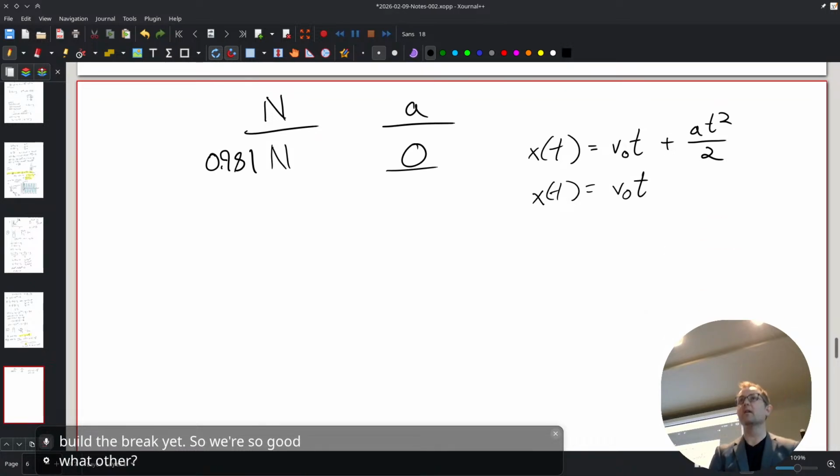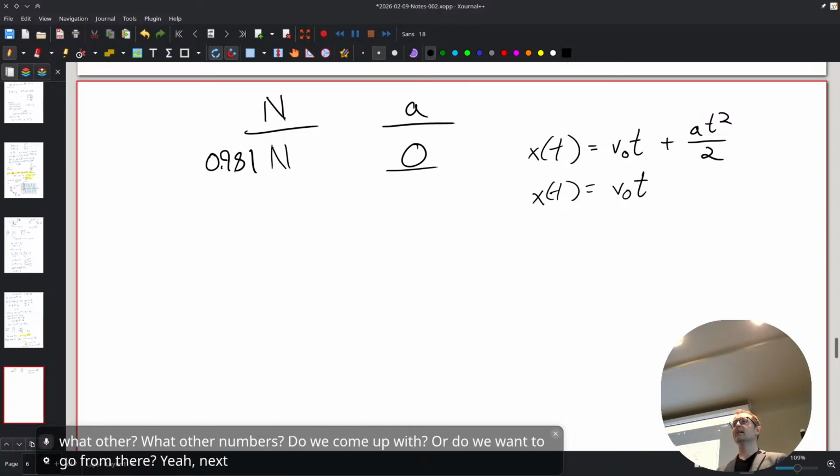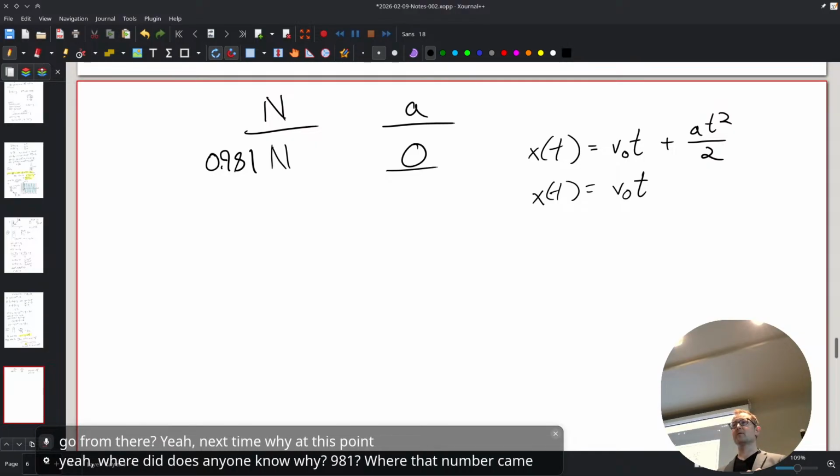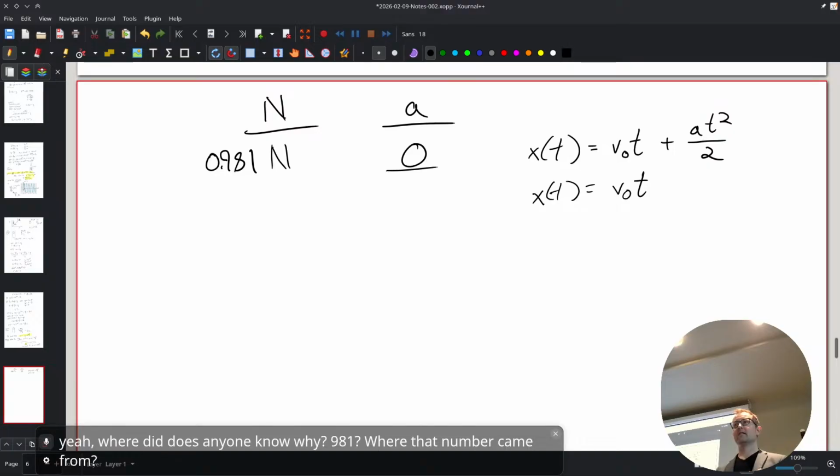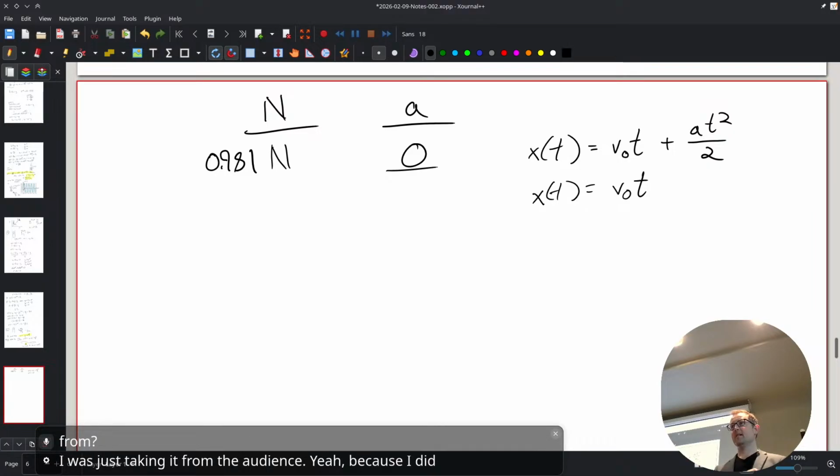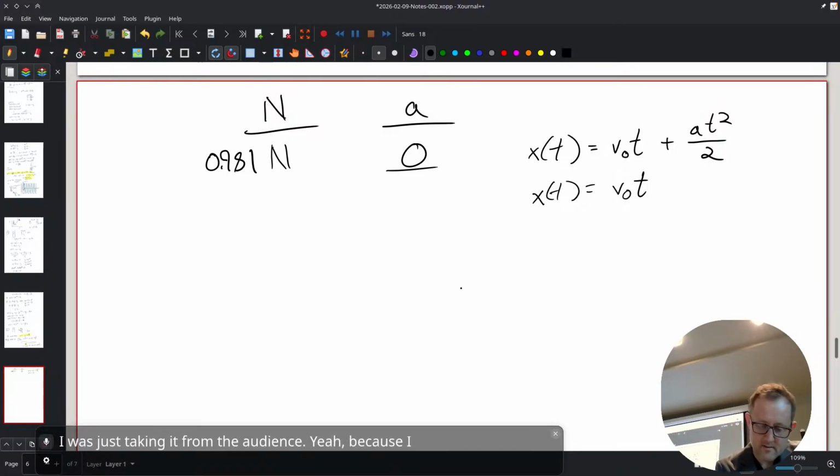What other numbers do we come up with? Or do we want to go from there? Yeah. Can you explain why it's 0.981? Does anyone know where that number came from? I was just taking it from the audience. Because our equation for acceleration is mu n over m minus g over 2, depending on how you set up and down.